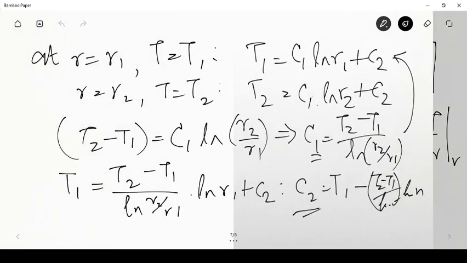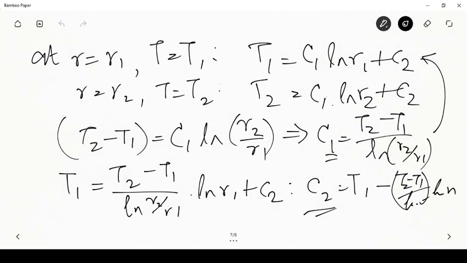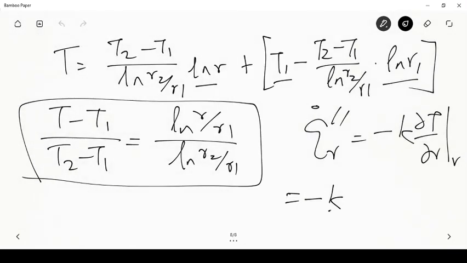If I use C1 by r, where C1 is given by this expression, then I get k by r into (T2 minus T1) by log(R2 by R1).